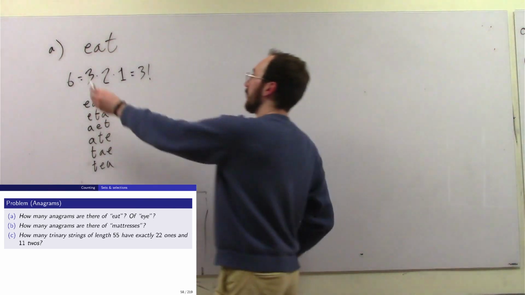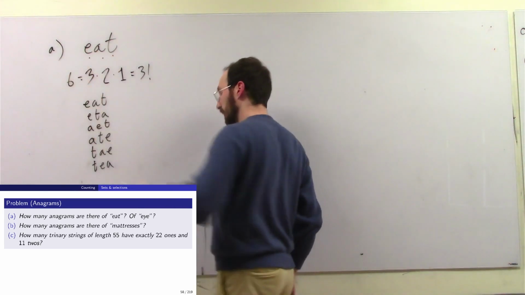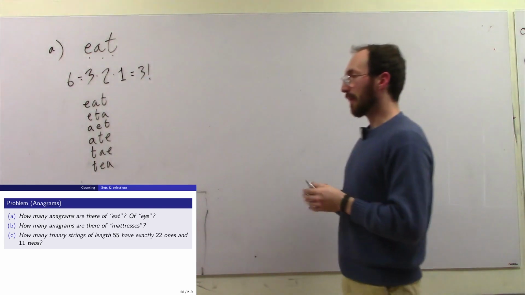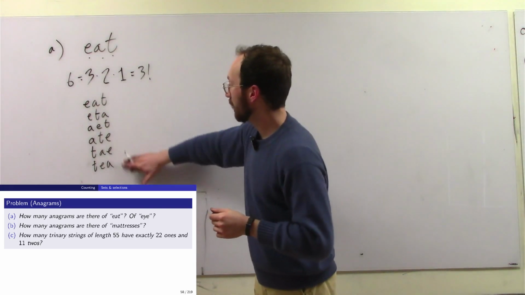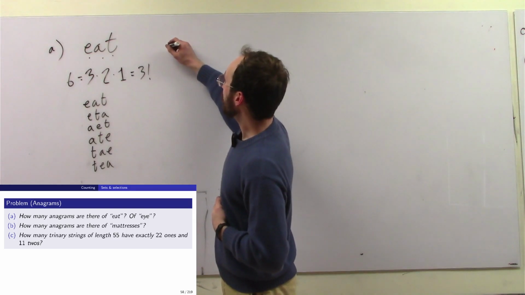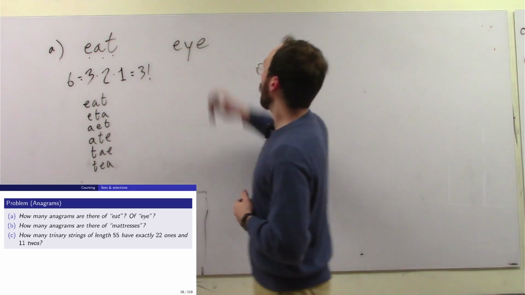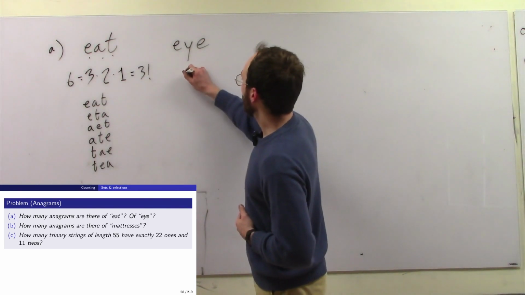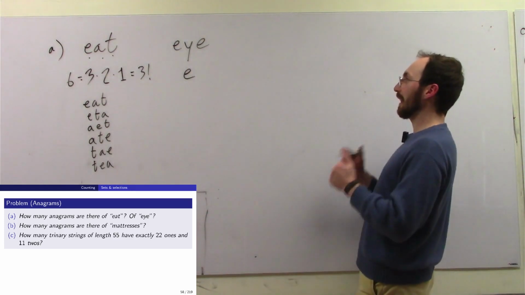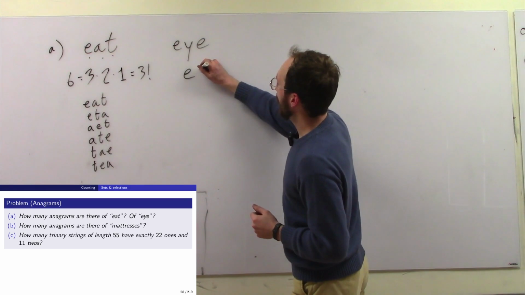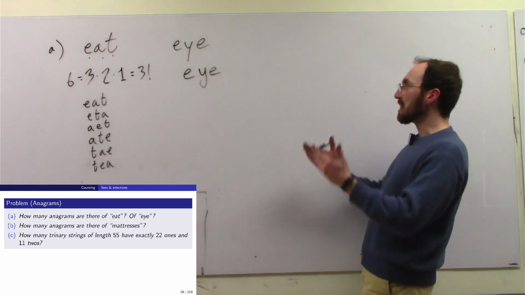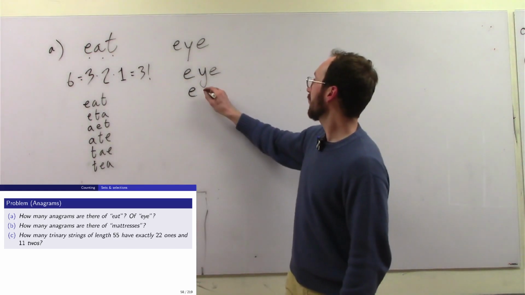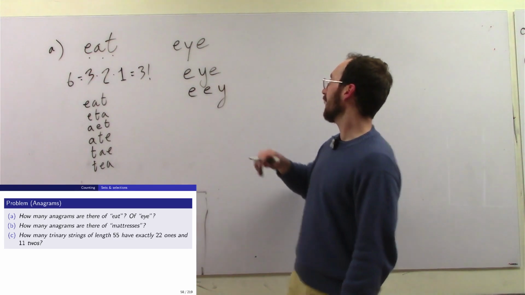All right, so what's nice at least with a word like eat is that all of the letters here are distinct, so we can just permute them around and not really worry about what happens. We're going to get different things in this sort of scheme. Now with eye, it's a bit different. So I can choose E as my first letter, okay, and then if that happens, well, let's do Y as my second, E as my last, okay. If I do E as my first, I can do E as my second, we get eey.